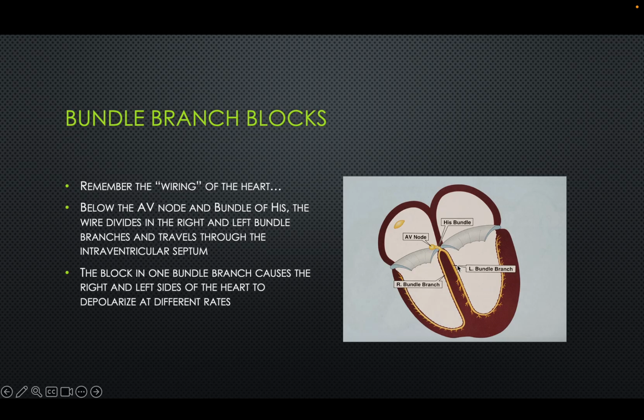And so imagine what would happen if one of these had something blocking it, but the other one did not. What would happen is you would have a signal traveling faster for one side than it would the other. And so you would see a contraction of the right ventricle before the left, or vice versa. You would see the left contract first or before the right.